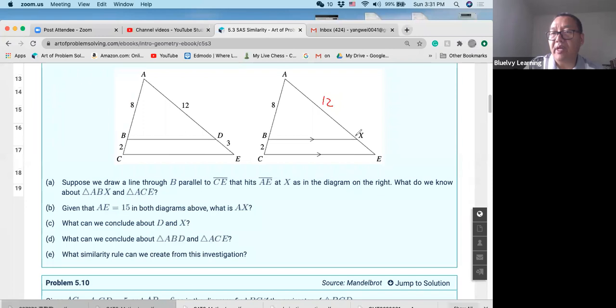They should be the exact same point. Then what can we conclude about triangle ABD and triangle ACE? ABD and ACE are similar. What similarity rule can we create from this investigation? Side, angle, side, SAS. That's the similarity.